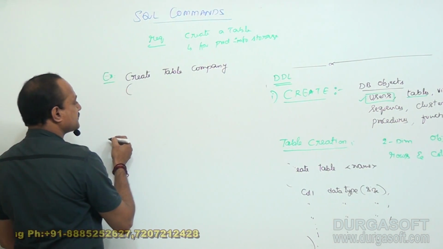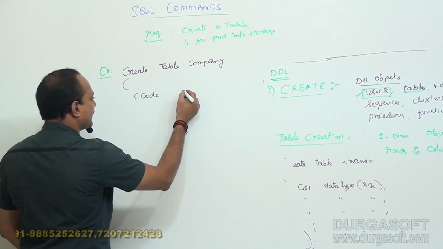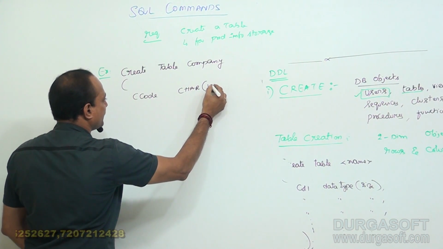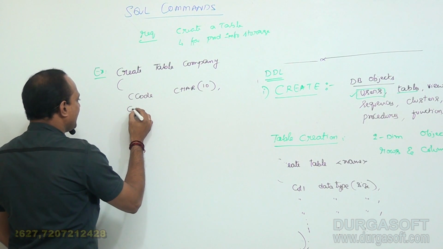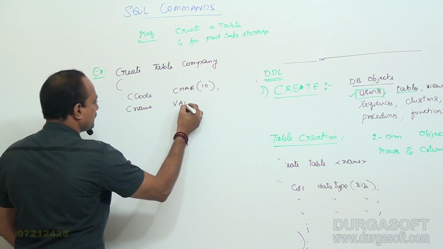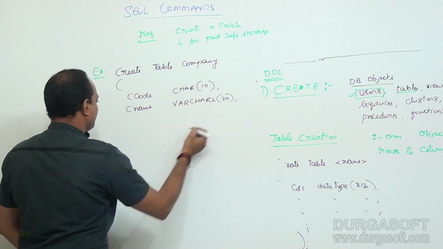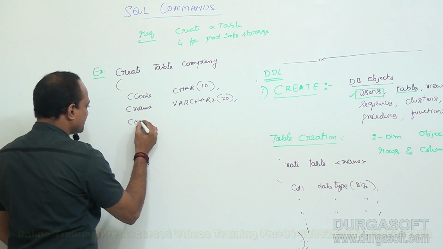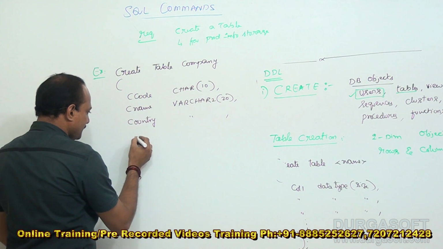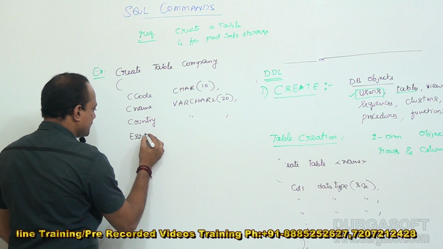Open the parenthesis, column name company code, data type I am using char of 10, company name, C name, let me use the data type varchar2 of 20, and company country, this is also varchar2 of 20. And company started date, meaning established date.